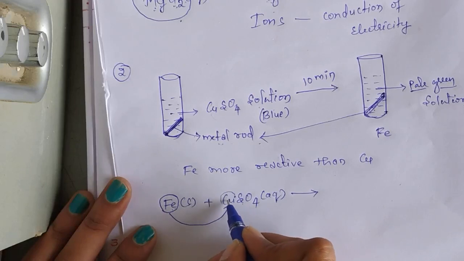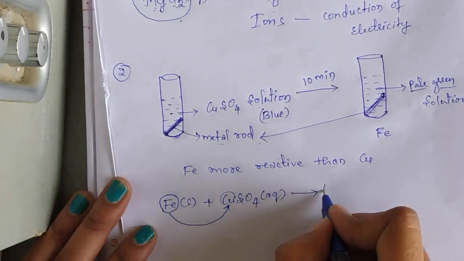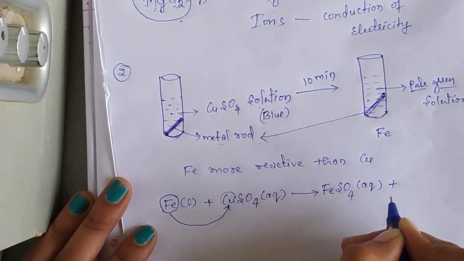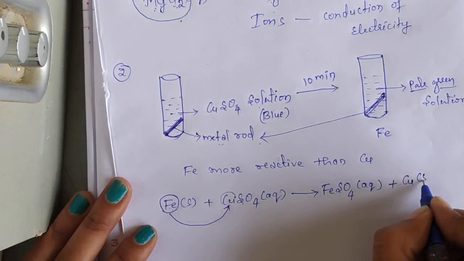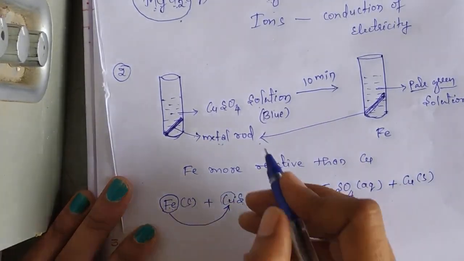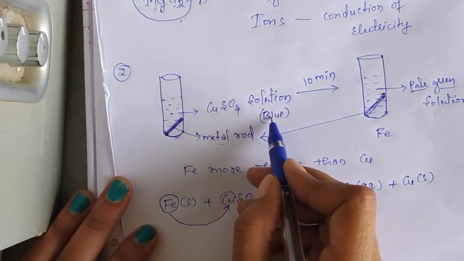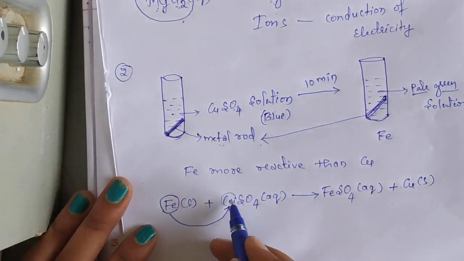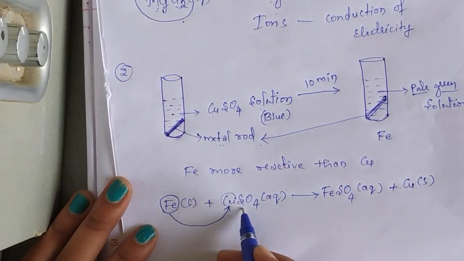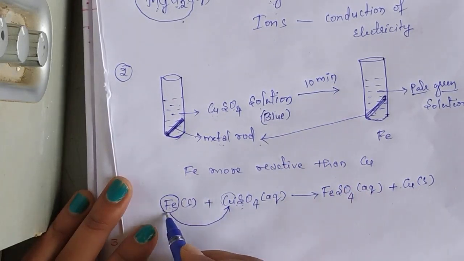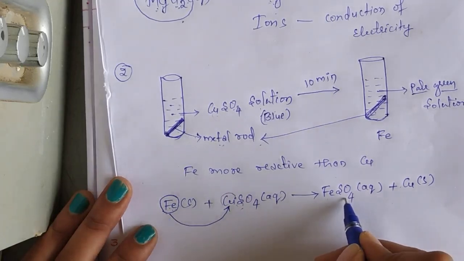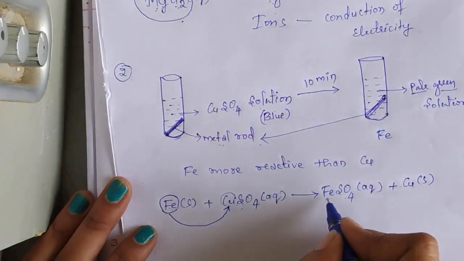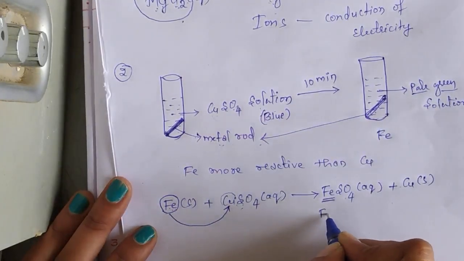When all the copper ions are displaced by iron, we'll get iron sulfate solution, and the copper is separated as solid. The pale green color of the solution is due to the presence of iron ions.